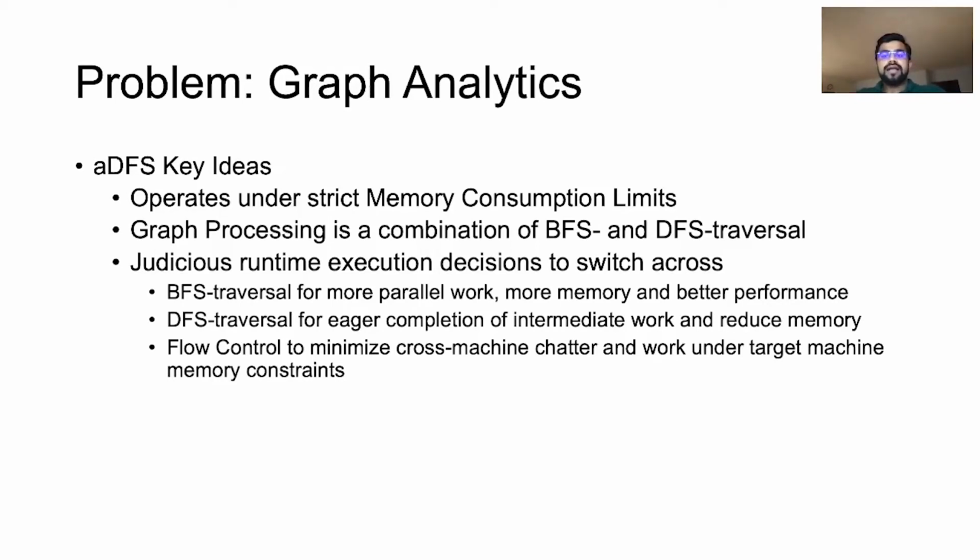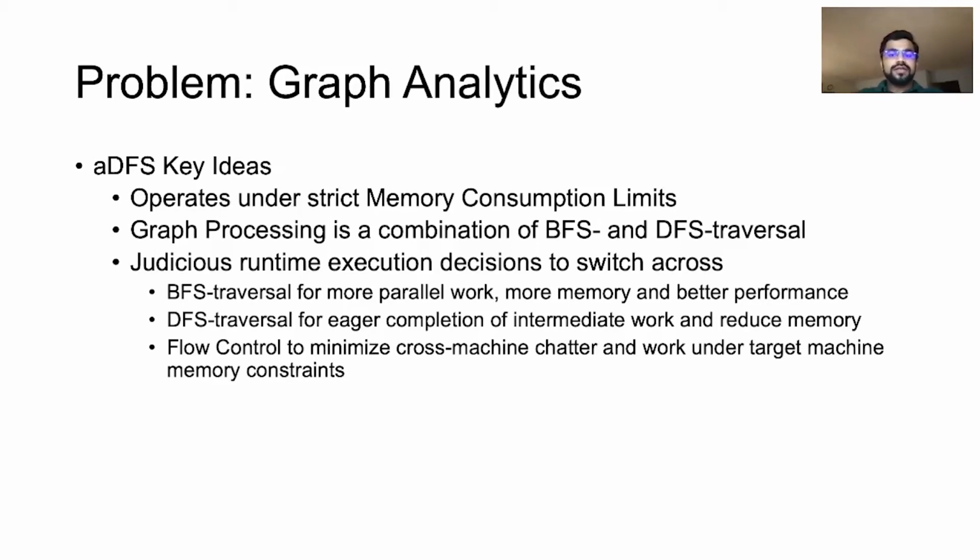It abstracts batched graph processing as a combination of breadth-first and depth-first style of executing graph processing operations. Breadth-first processing leads to faster performance by executing more compute operations but more intermediate state and hence more memory consumption. Depth-first processing leads to lesser memory consumption by processing intermediate state faster, but it also leads to reduced performance.